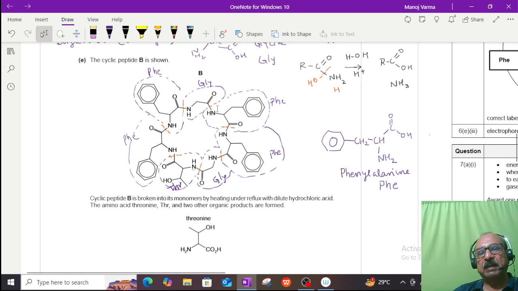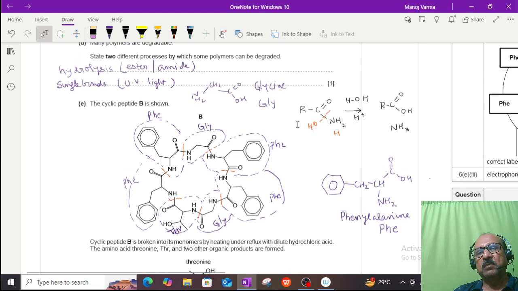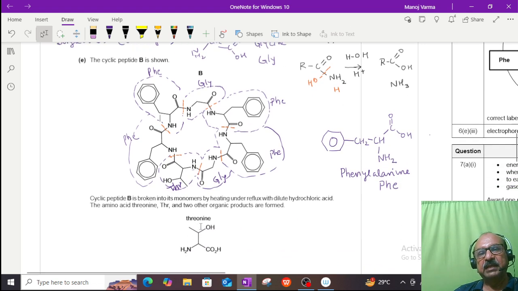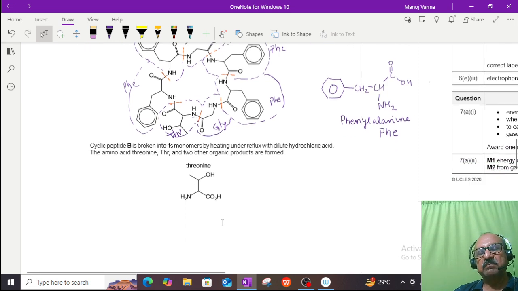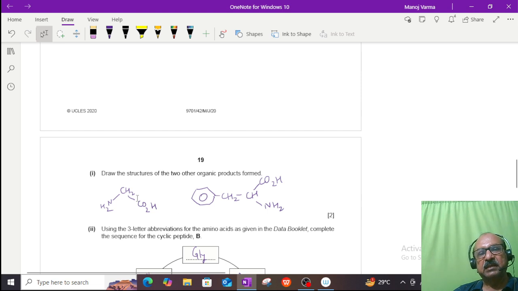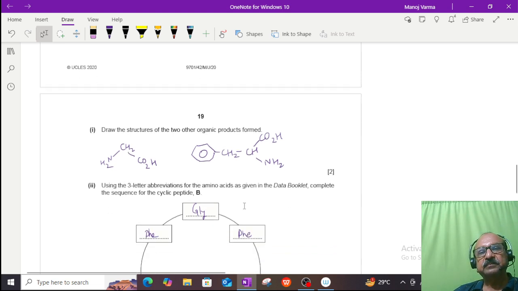If you apply this concept on this cyclic compound, you will be able to get the fragments in the form of phenylalanine, glycine, and threonine. So these are the fragments formed by the acidic hydrolysis. One is the glycine and one is the phenylalanine.